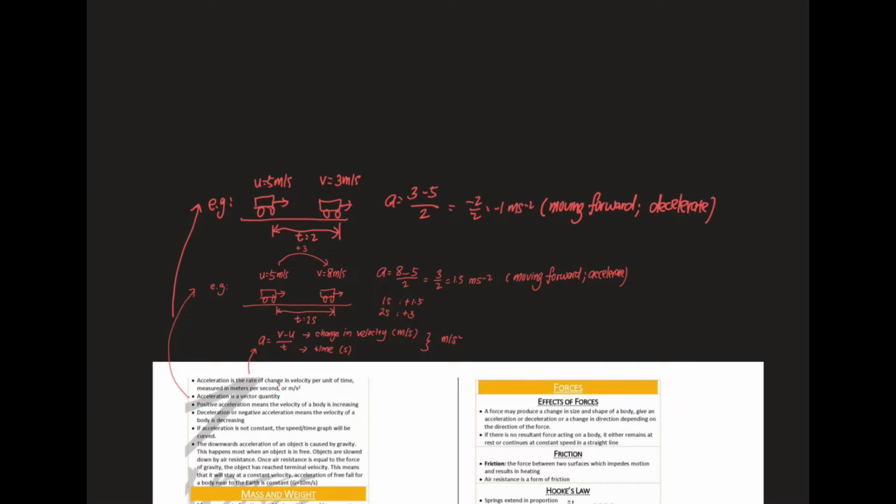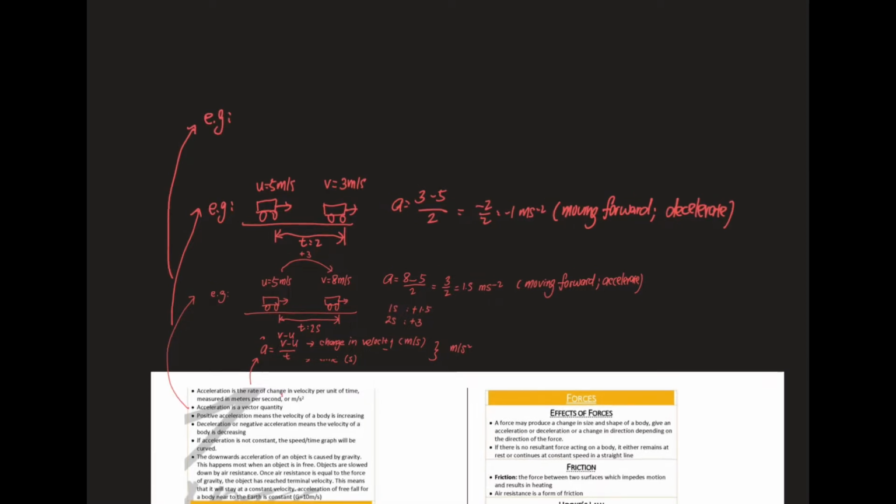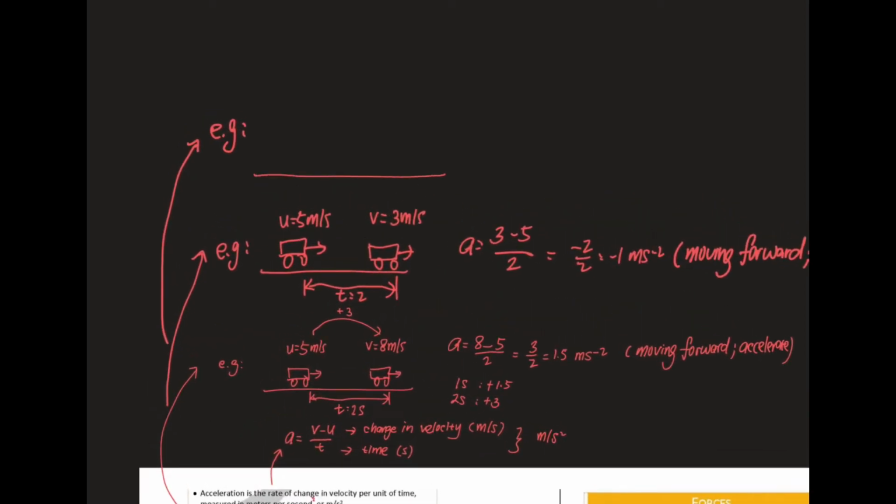Okay, now let's say one more example. This time I'm going to make it move backwards. So the trolley is moving backwards. U is, let's say, 5 meter per second, and it's moving backwards but it's getting faster, V equal to 8 meter per second. The thing is, when they are moving backward, we normally assume backward as negative.